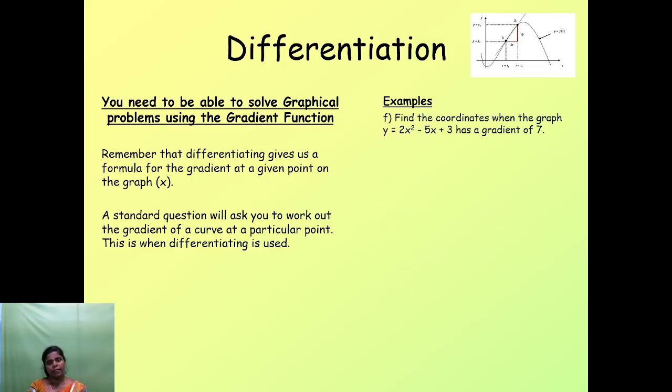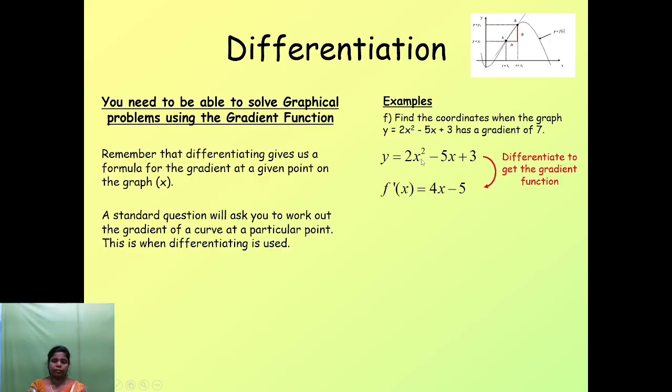Next example, find the coordinates when the graph y equal to 2x square minus 5x plus 3 has a gradient of 7. So y equal to 2x square minus 5x plus 3. Next we find the derivative. The constant term 2, write 2, then x square.